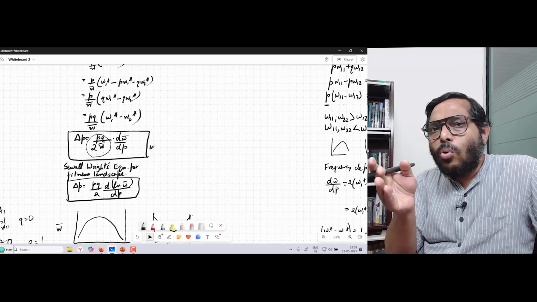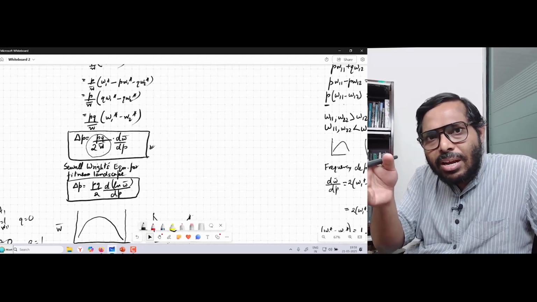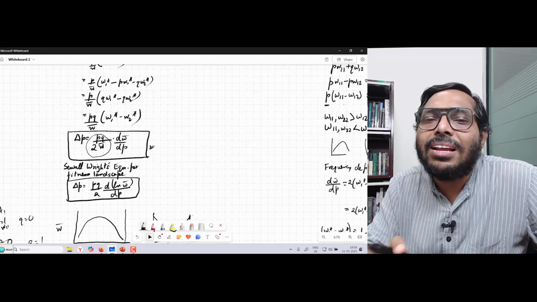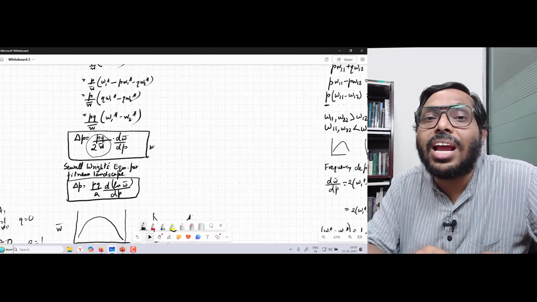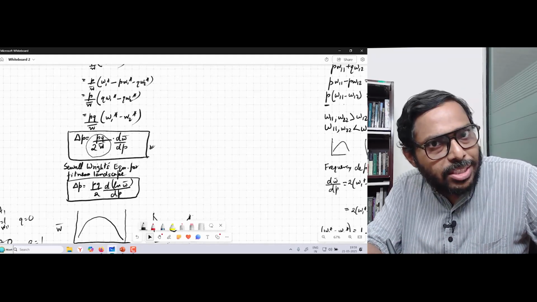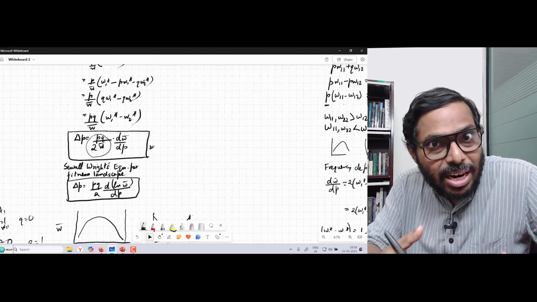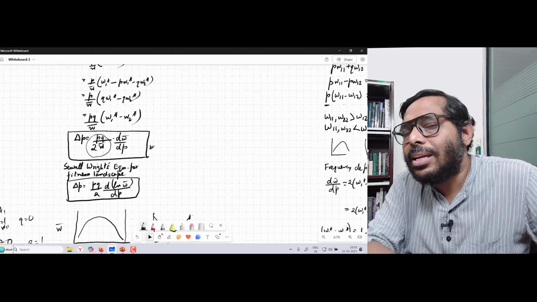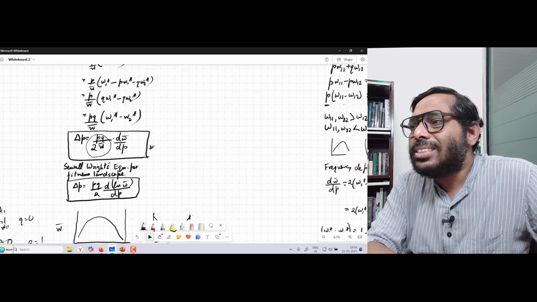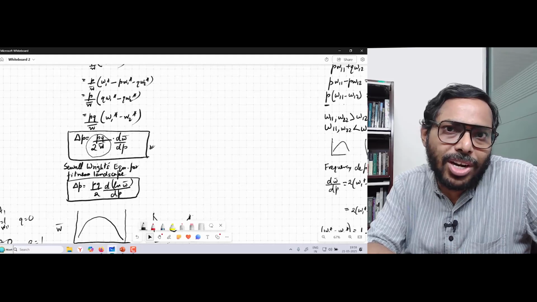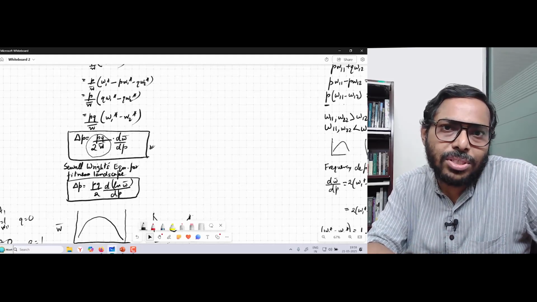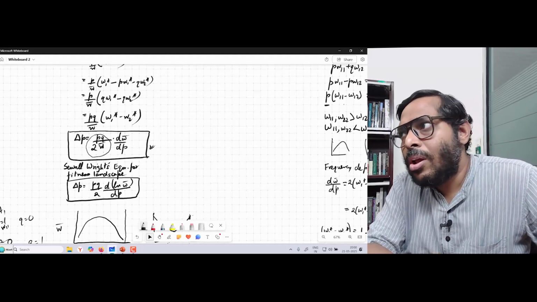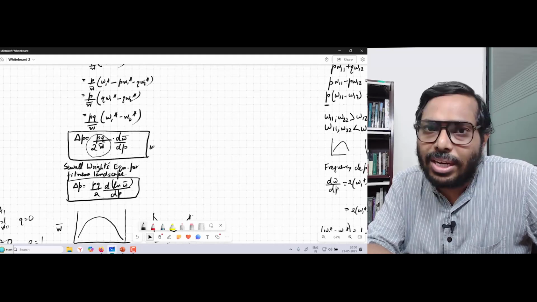The moment you go even slightly out of that simplistic, highly restrictive scenario, you are no longer guaranteed that selection is going to increase fitness. Selection can do many, many things. And people like us who actually work with selection and experimental evolution in our lab, we know how complicated a thing selection can be. So it's only under the simplest scenarios that selection improves fitness. Under even slightly more complicated scenarios, selection doesn't improve fitness all the time. It improves fitness many times, or at least some of the times, but definitely not all the times.